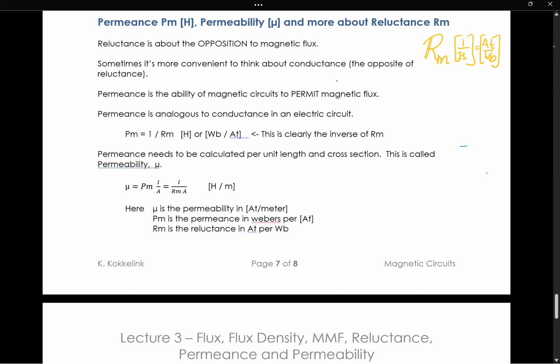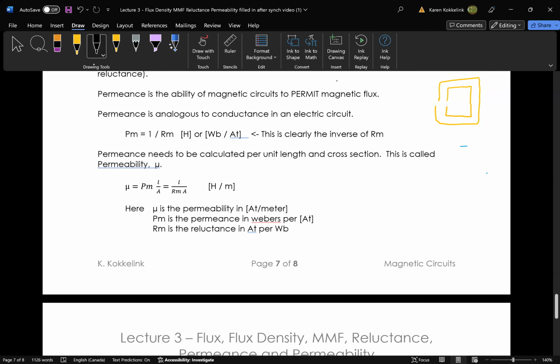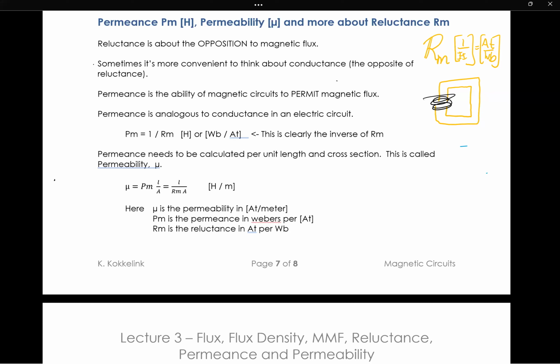And that's how reluctant this would be to establish a magnetic flux in, let's say, a magnetic circuit that looks like this. It's got a ferromagnetic material, and then in the ferromagnetic material, there are some coils here.